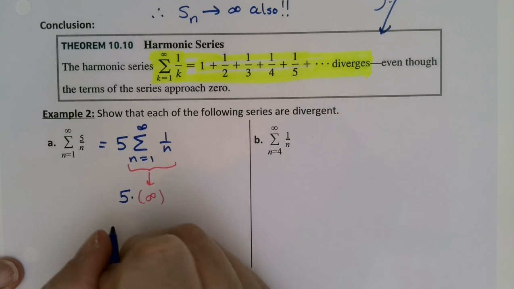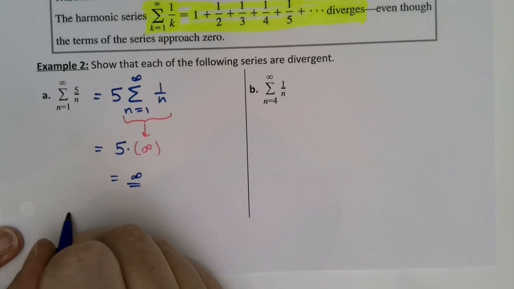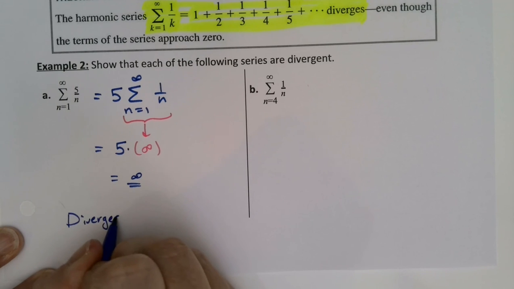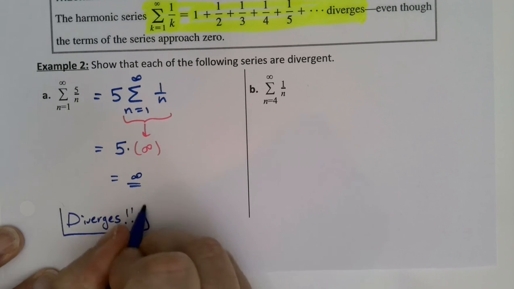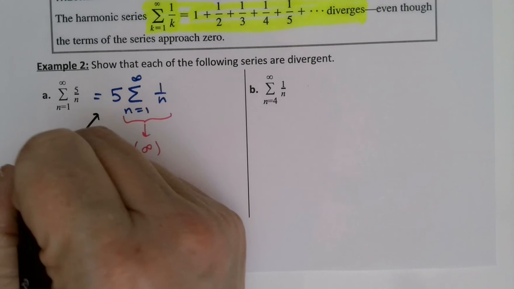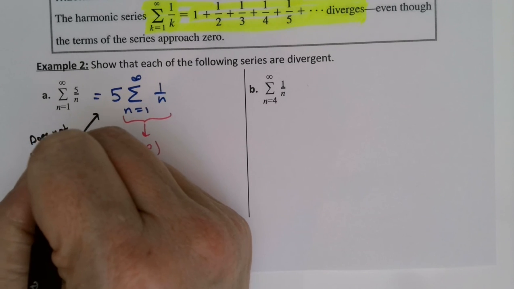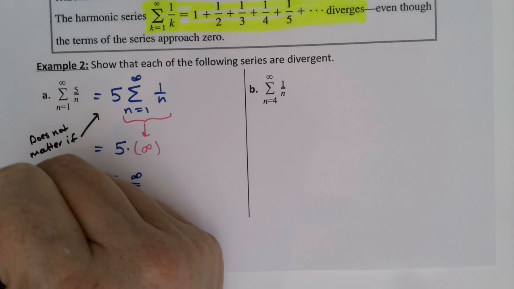Infinity. Therefore, this series diverges. It doesn't matter if you multiply by a constant. Multiplying by a constant, it's still divergent. If you multiply by a constant, it will still be divergent.